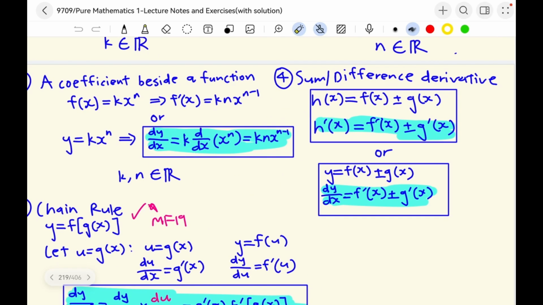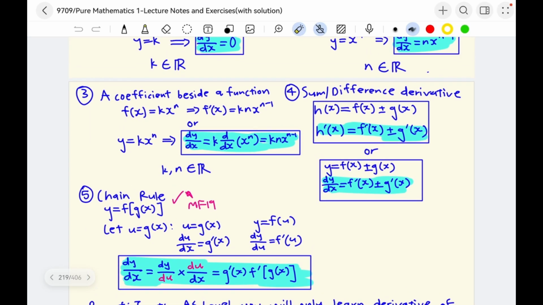Now the next: the arithmetic derivative, or the sum or difference of the derivative. If the given function h(x) is equal to f(x) plus or minus g(x), the derivative of h(x) is the derivative of f(x) plus or minus the derivative of g(x). Or y is equal to the sum of two functions; after you differentiate it, you will get the differentiation of the first function plus or minus the differentiation of the second function.